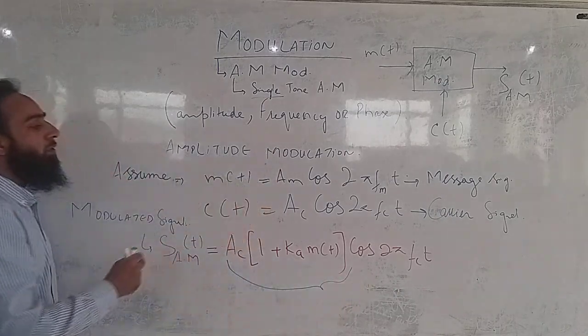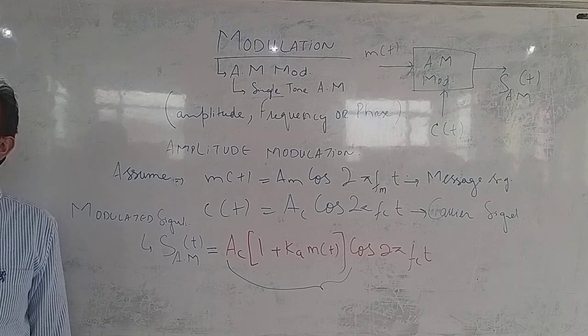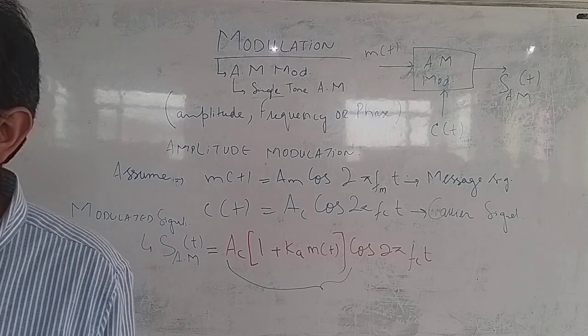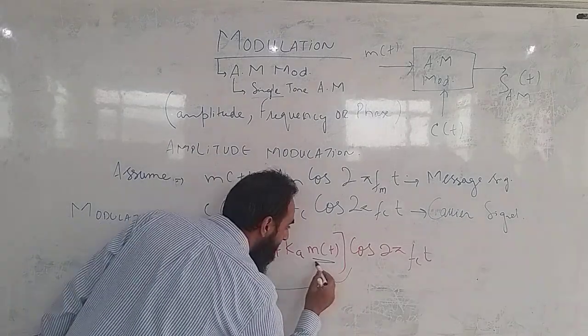So this happens to be the amplitude modulation because what I am changing is actually the amplitude of the carrier with respect to message signal amplitude variation.